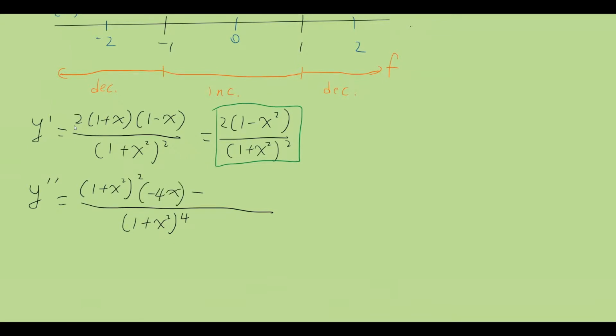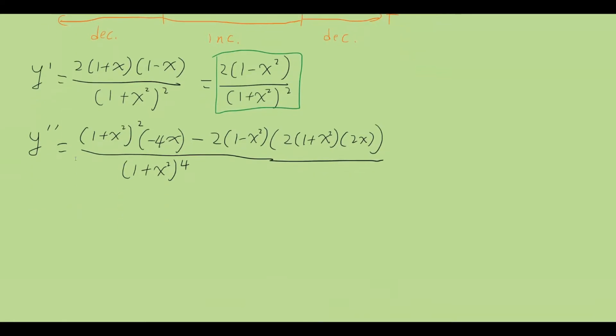Okay, minus 2 times 1 minus x squared, and then multiply by the derivative of the denominator, which is going to be 2 times 1 plus x squared, and multiply by the chain rule, which is 2x. Okay, so that's a lot of terms, right? A lot of terms. So definitely, if you don't understand what's happening here, you can feel free to pause the video and try this out on your own. Basically, we're just applying the quotient rule on this quite confusing rational function.